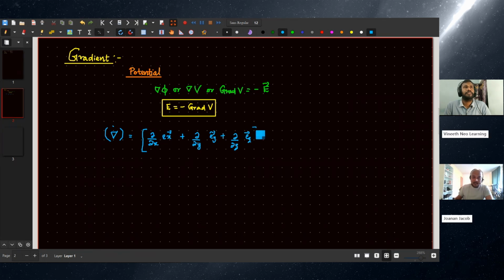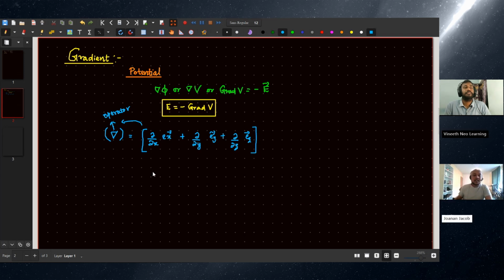This is what this operator means. This is actually an operator, just like a plus or minus or something like this, which will operate upon a scalar or a vector.